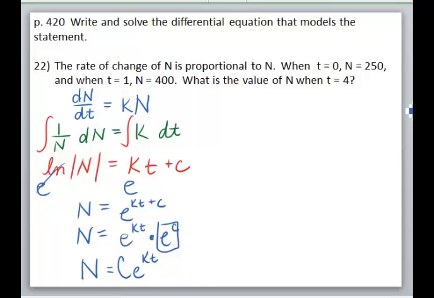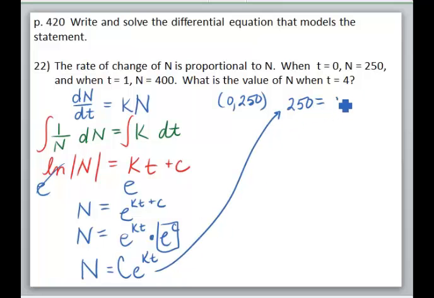Now what we were supposed to do with this is plug in some of these things. So I know that when t is 0, n is 250. So let's go ahead and look at that. So when n is 250, I'm just taking this equation and putting those things in. I have C e to the, this would be k times 0.